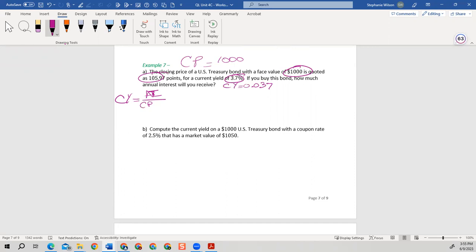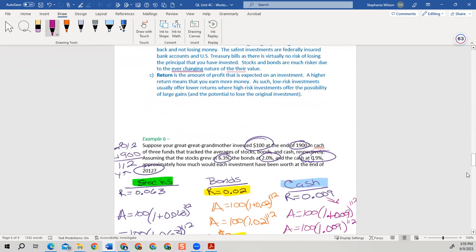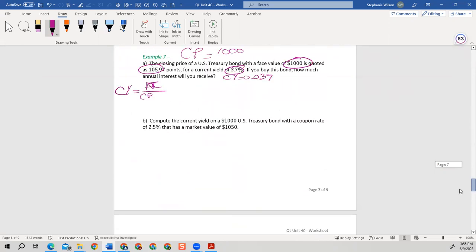It's written in percent, right? So it's seen as a percent. Whenever I take those points, it means that the bond is selling at that percent. Let me see if I can get this clearer. My apologies, guys. My mouse got carried away there.